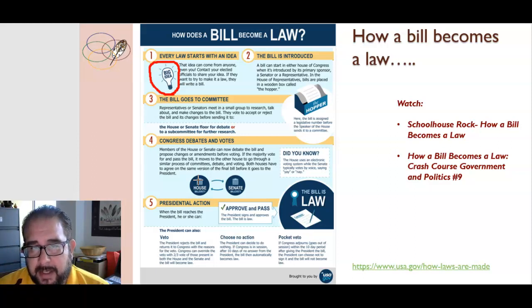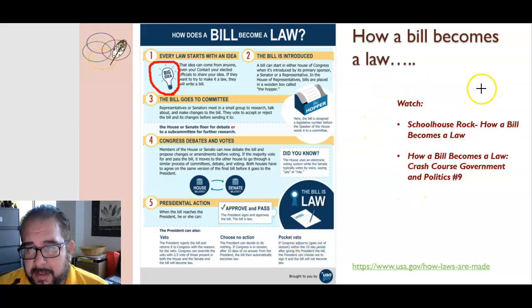So if your policy idea, again, is universal health care, say the opposing party controls the Senate, well, it's going to be hard to get that universal health care passed. Let's say that it does pass, it goes to the president's desk, he can choose to sign it, it becomes law. There are other avenues that he can take as well. It's vetoed, do nothing, or the pocket veto.